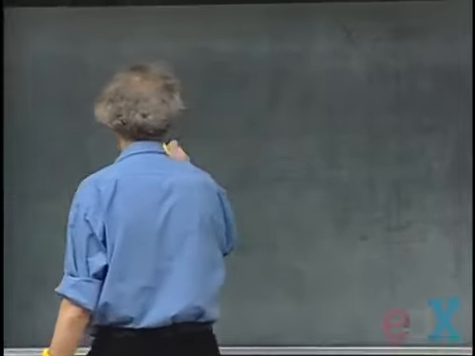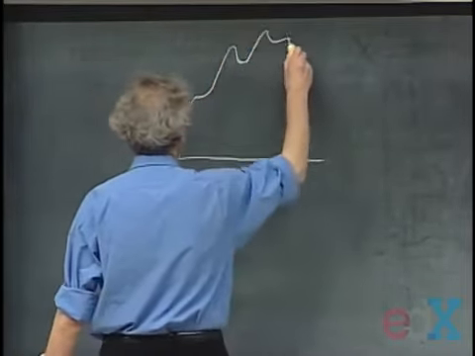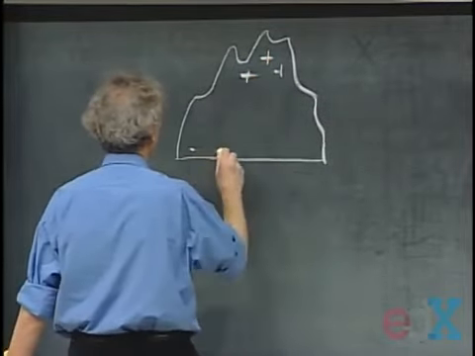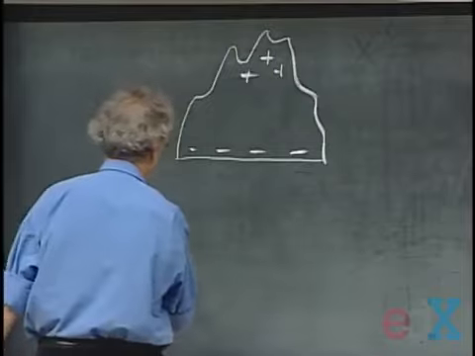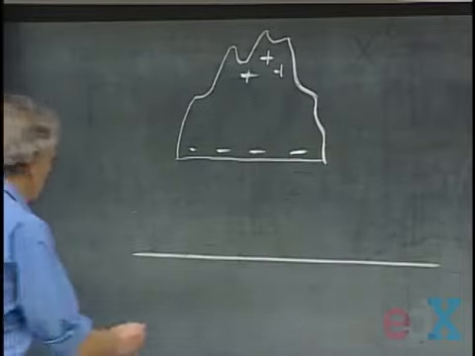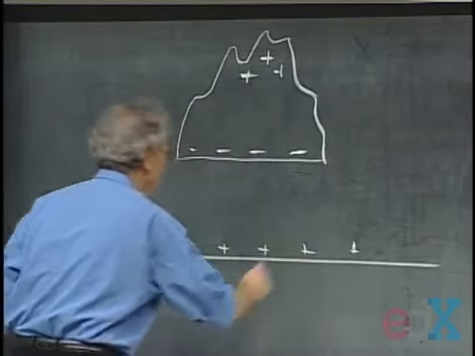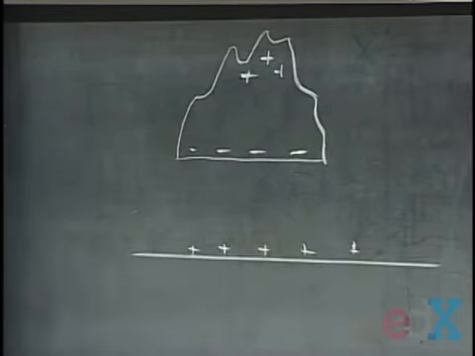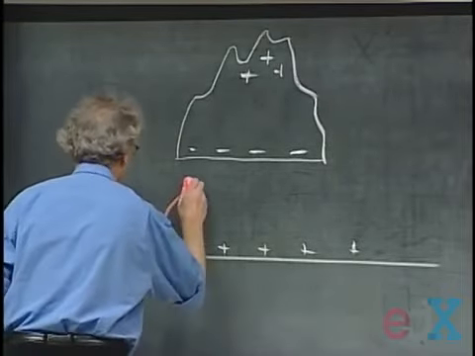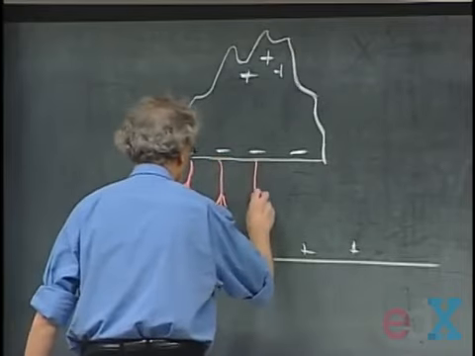And so I will accept the fact that the cloud is going to be charged. This is the cloud, positive at the top, negative at the bottom, and here is the Earth. Because of induction, the Earth, of course, will therefore become positively charged here. And so we're going to see electric field lines which go from the Earth to the cloud, always perpendicular to the equipotentials.